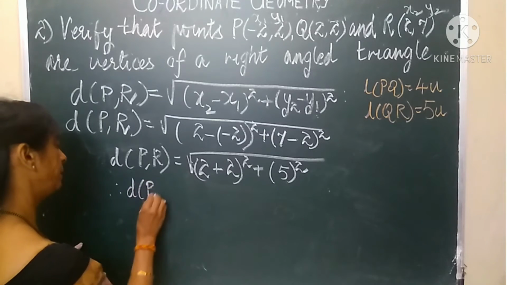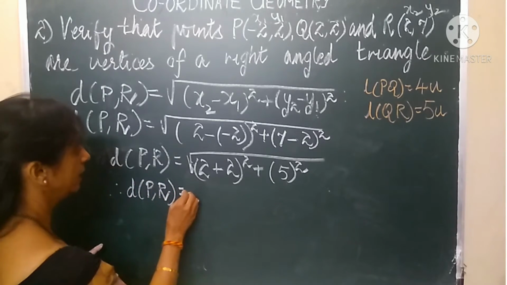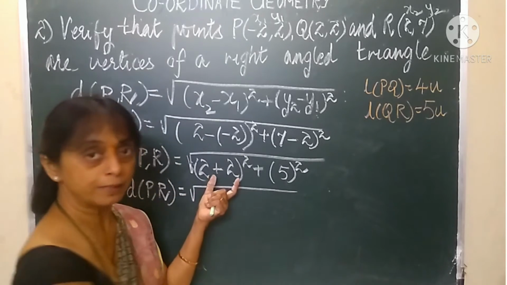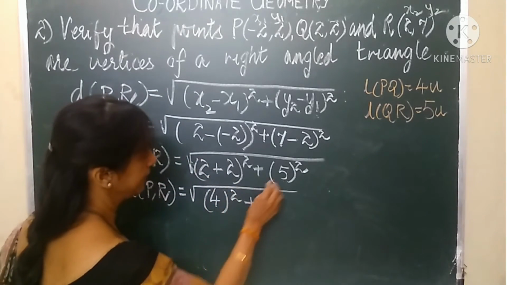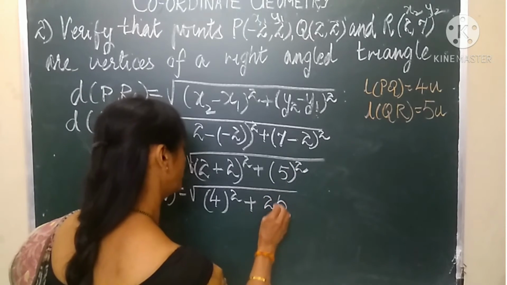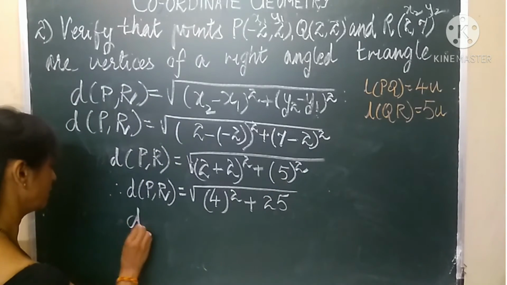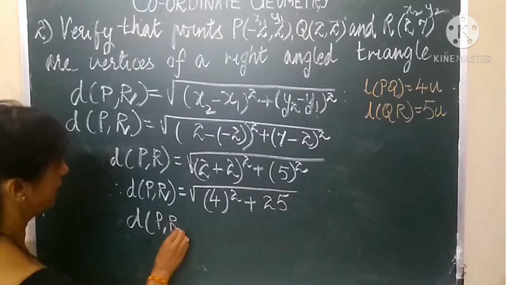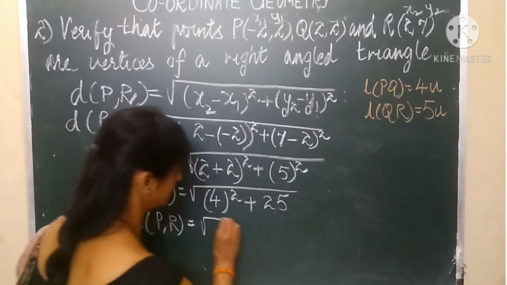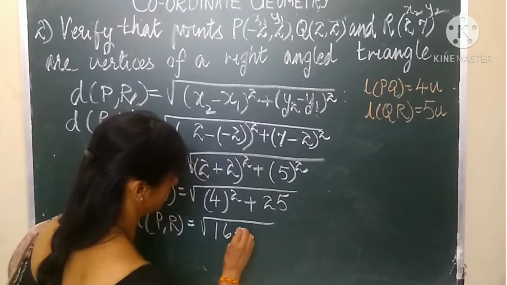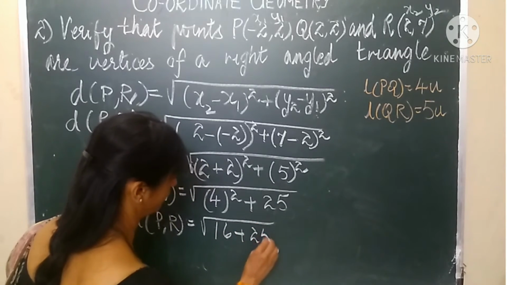Therefore distance PR is equal to 2 plus 2 gives us 4 the whole square plus 5 square, that is 25. So distance PR will be equal to 4 square is 16 plus 25.